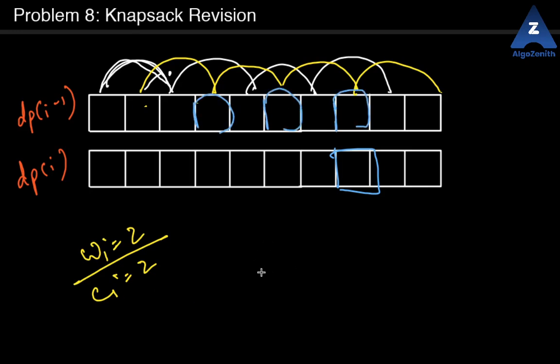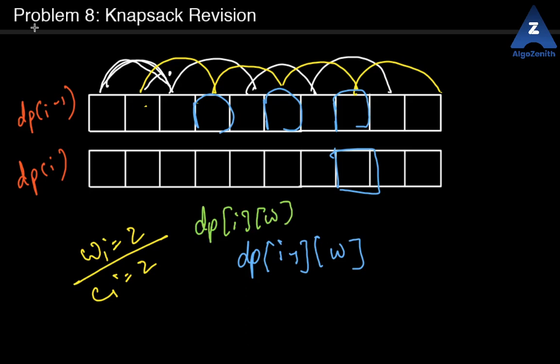So after you have built this prefix sum in place, let's say we have built it in the array itself, it will become nothing but dp of i minus 1 at whatever weight you are currently seeing. So this is what we are forming for dp of i comma w, okay. This would be exactly equal to this minus, let's understand what we subtract out of it.